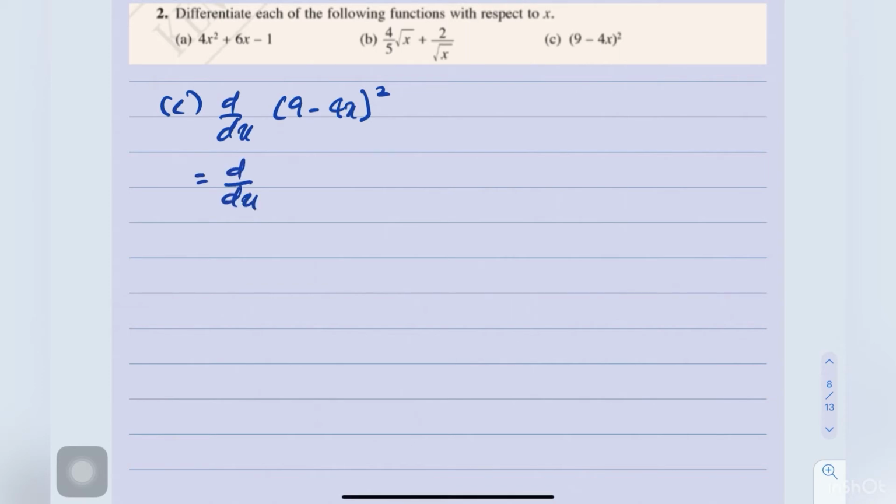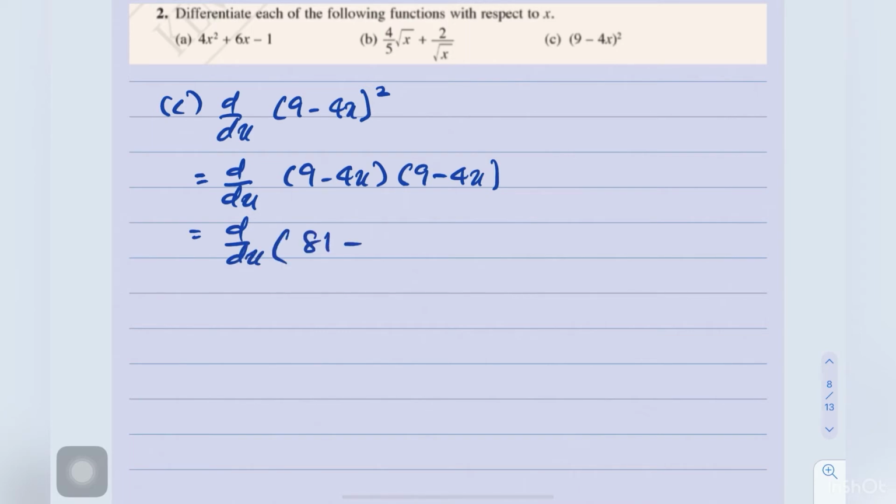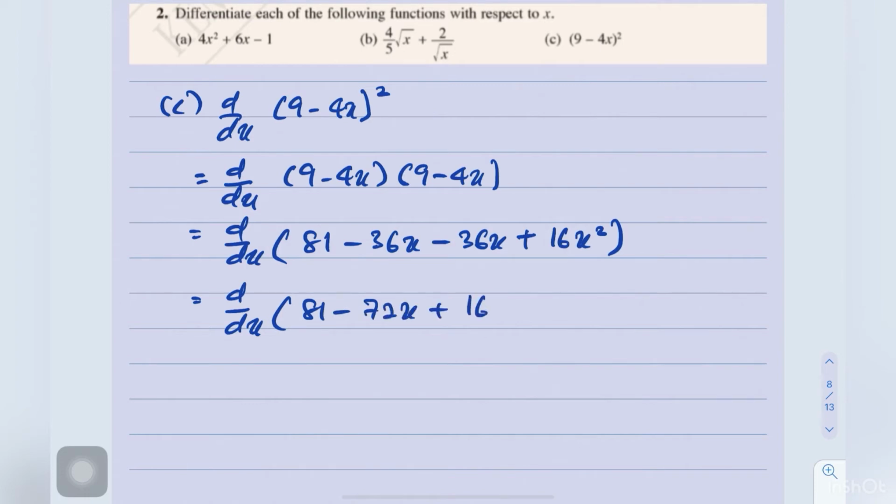So we have 9 minus 4x, 9 minus 4x. So this one becomes 81 minus 36x minus 36x plus 16x squared. Then I simplify, I get 81 minus 72x plus 16x squared.